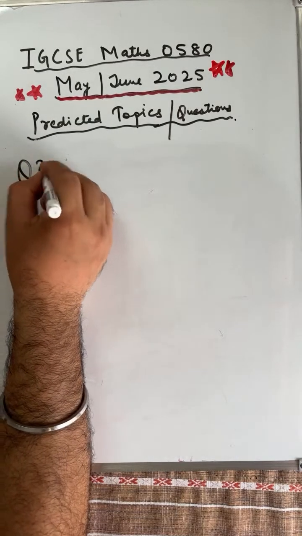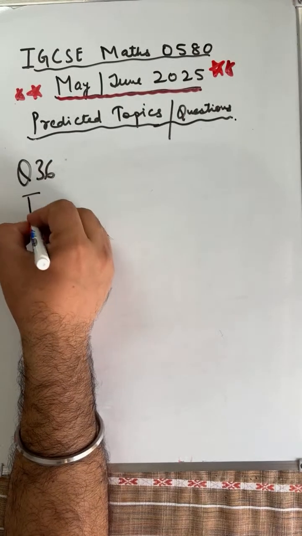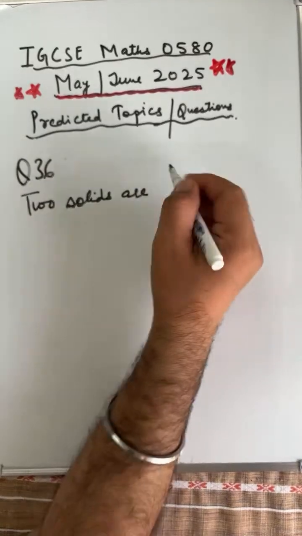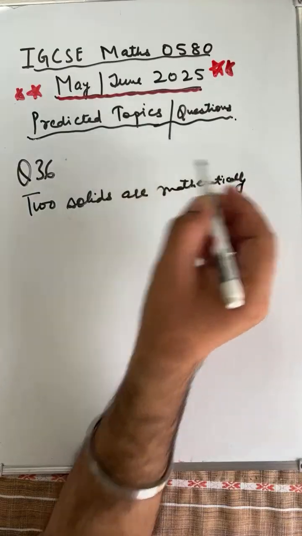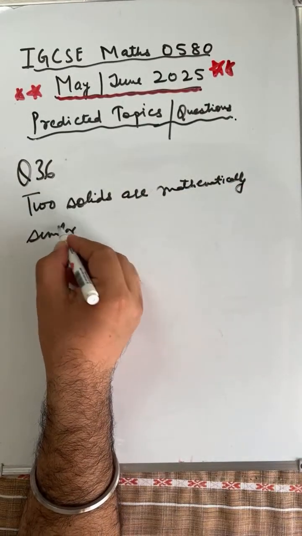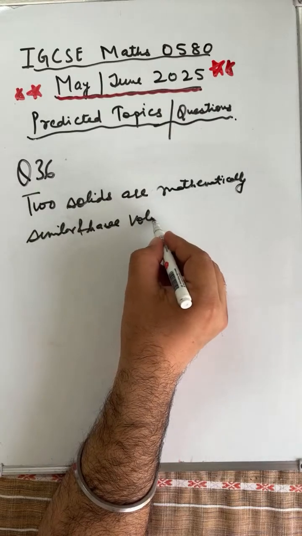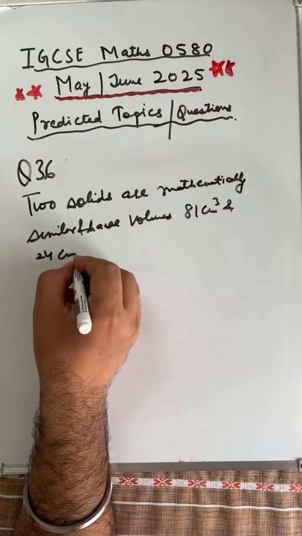Now, question number 36. Two solids are mathematically similar and have volume 81 centimeter cube and 24 centimeter cube.